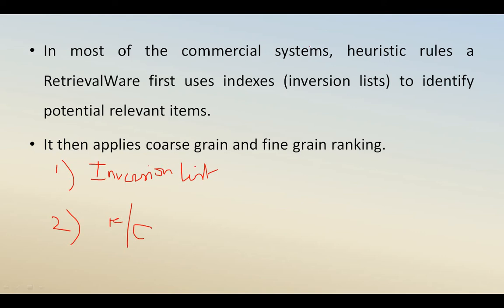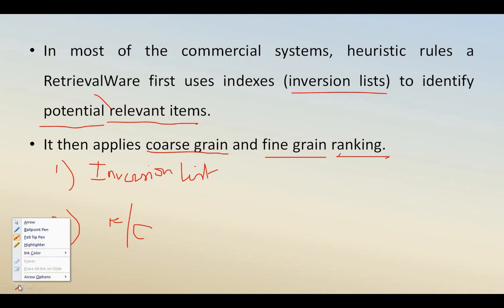So the inversion list is one of the important algorithms here. We have already discussed the inversion list, how to extract the relevant items based on it. Then we apply either coarse grain or fine grain ranking to extract the potentially relevant items. Like this, we make use of the inversion lists and ranking algorithms.